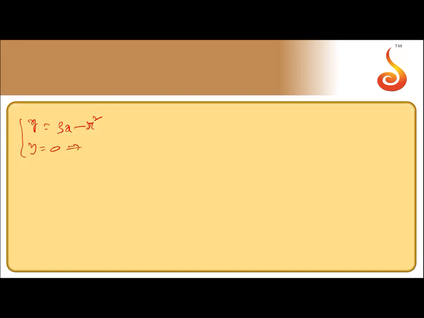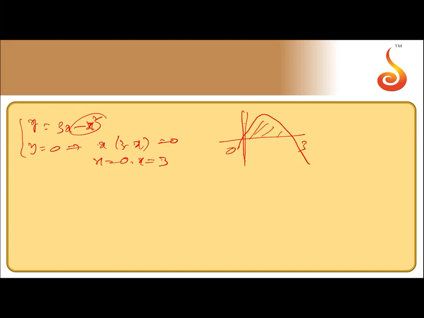When you solve these two, the parabola intersects the x-axis at the points where x multiplied by (3 minus x) is 0. Therefore, x equals 0 and x is equal to 3, and the x square coefficient is negative. It is an inverted parabola like this, and this is the region from 0 to 3 we are required to evaluate.